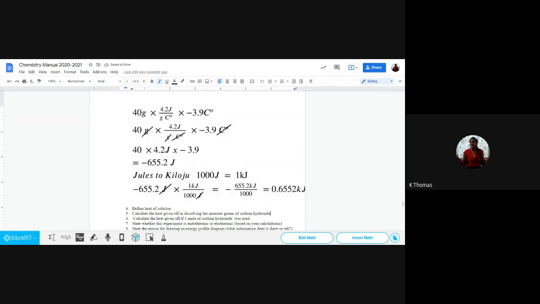Now I need to go ahead and calculate my heat of solution. My heat of solution is equal to Q divided by the number of moles of solute.